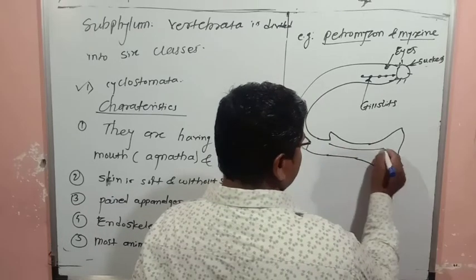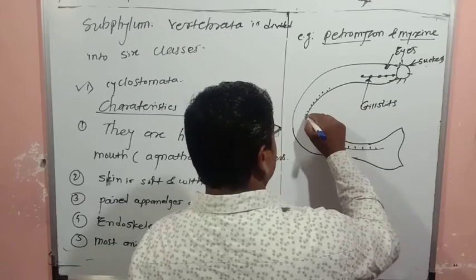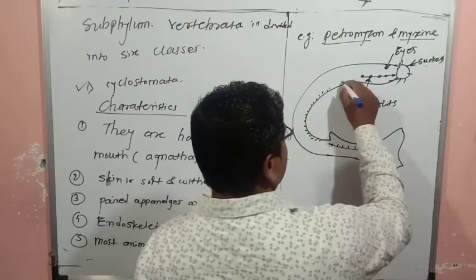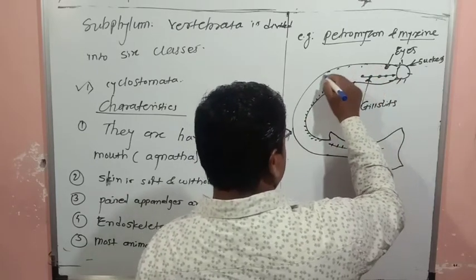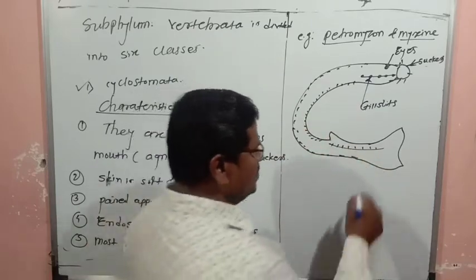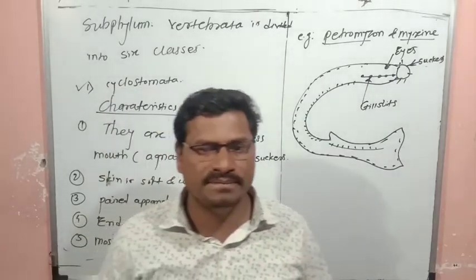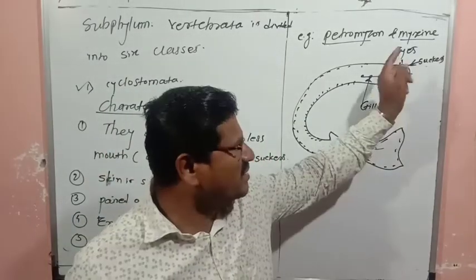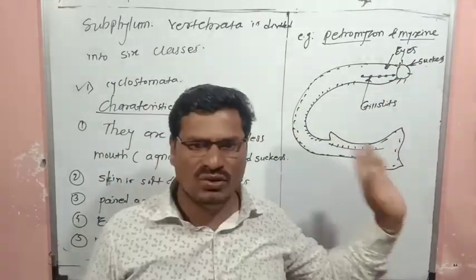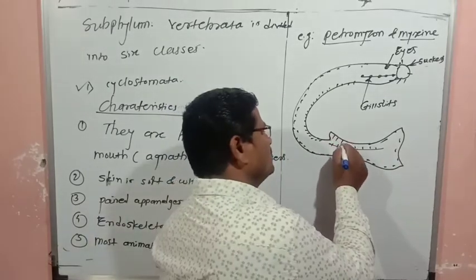So this will be the diagram. In that, suckers, eyes and gill slits are there. You can also draw these diagrams by looking in the textbook.